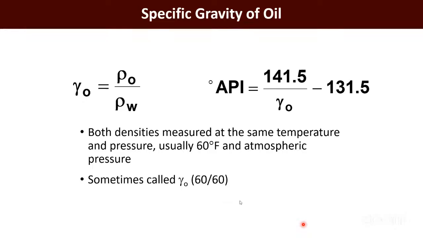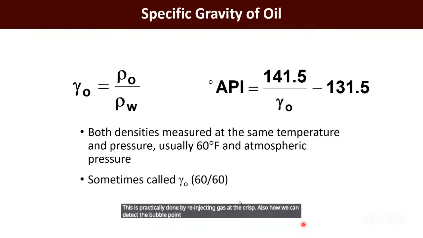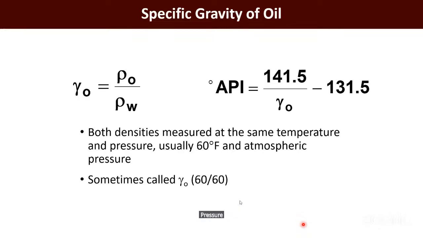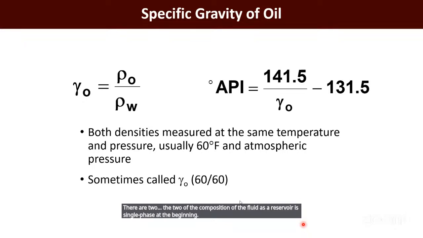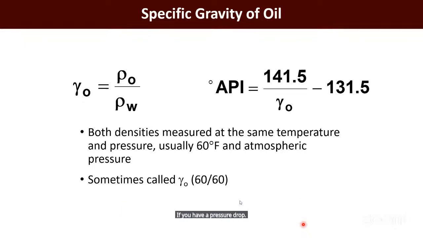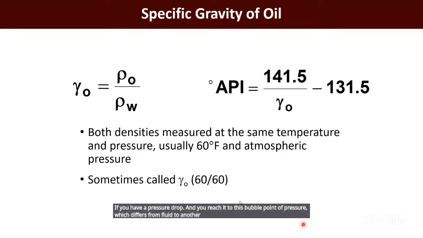Also, how can we detect the bubble point, where the liquid and gas have the same properties? I mean the pressure equal to the bubble point pressure. Like I mentioned, it depends on the composition of the fluid, as the reservoir is single phase at the beginning. If you have a pressure drop and you reach the bubble point pressure, which differs from one fluid to another, you will see the first bubble of gas.